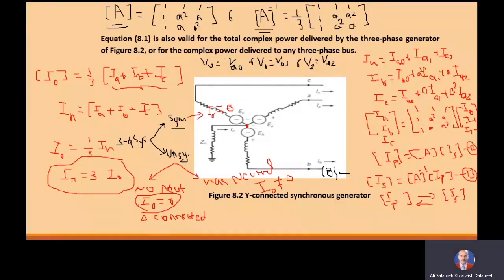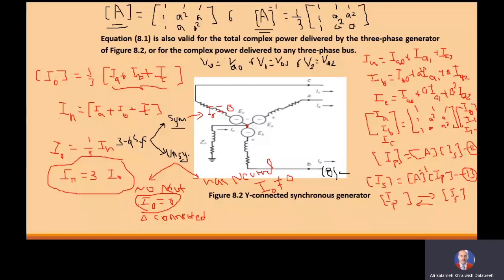If the zero sequence current is zero, there are two options. The system is symmetrical, or the second option, there is no neutral conductor in the system.